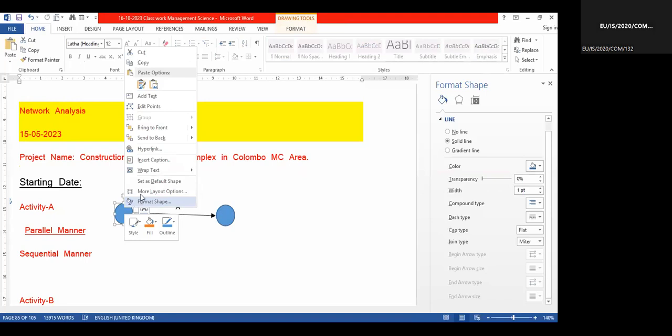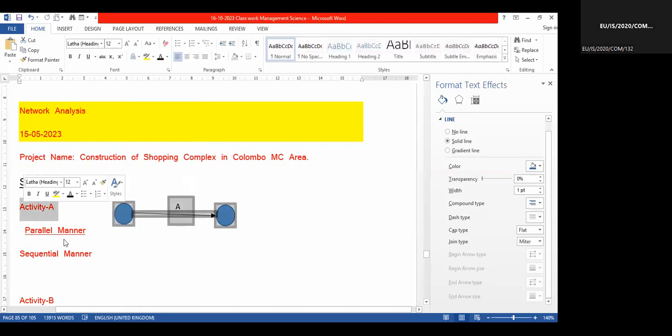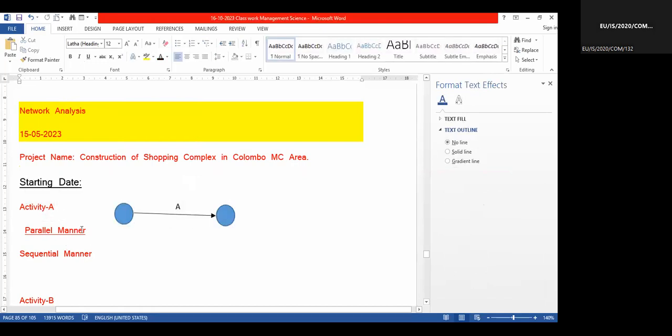So there are many activities. Some activities have to wait for other activities to be completed. After that only we can start. Some activities we can start straight away; there are no pre-activities. Some activities have pre-activities. Pre-activities means that only after completing some activities can the next activity start. Say, for example, after A completion only we can start.